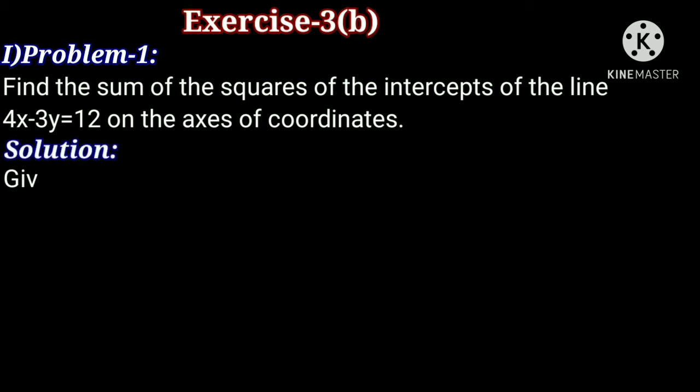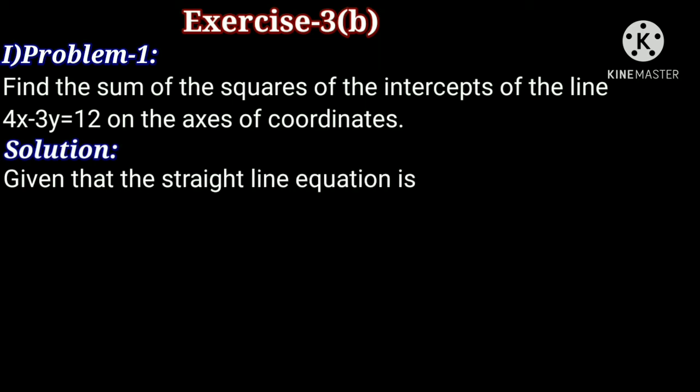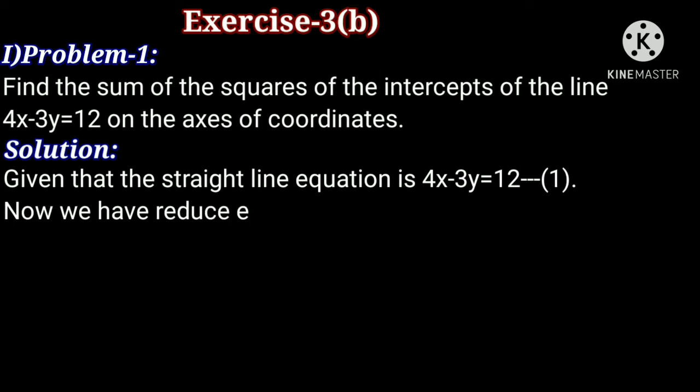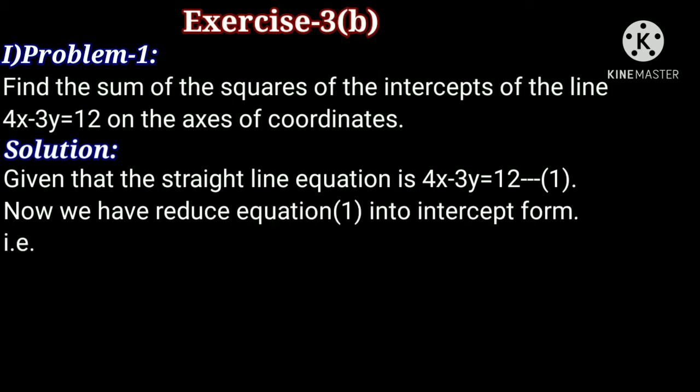Solution. Given straight line equation is 4x minus 3y equal to 12. Equation number 1. Now we have to reduce equation number 1 into intercept form. That is, 4x minus 3y equal to 12.